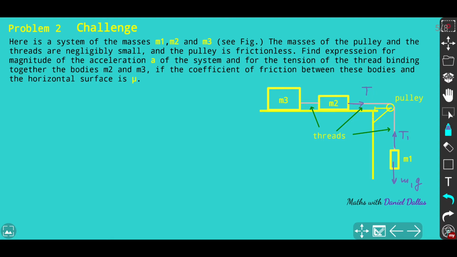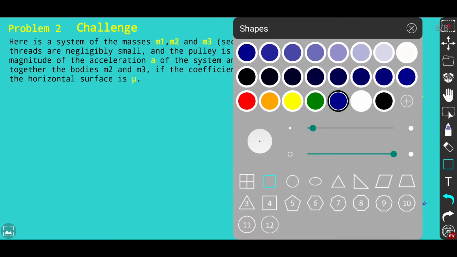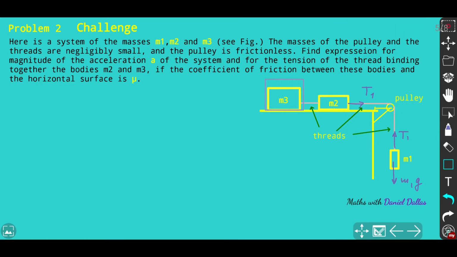So my idea is to combine both objects M3 and M2 into a single one, so we can consider as if there is a total object with the mass M3 plus M2, where we do have tension force T1, okay?